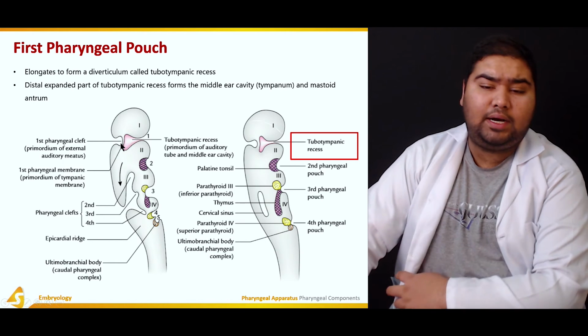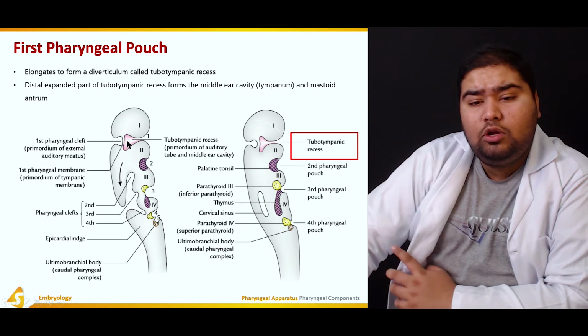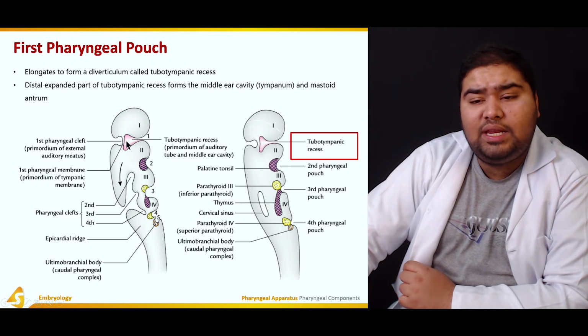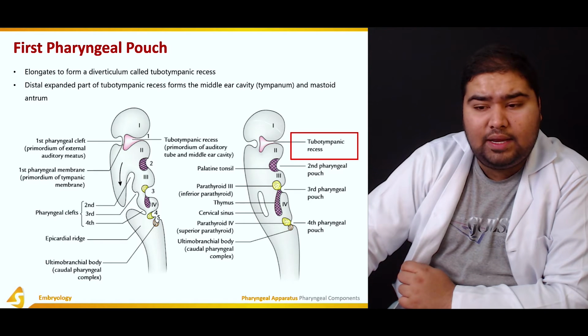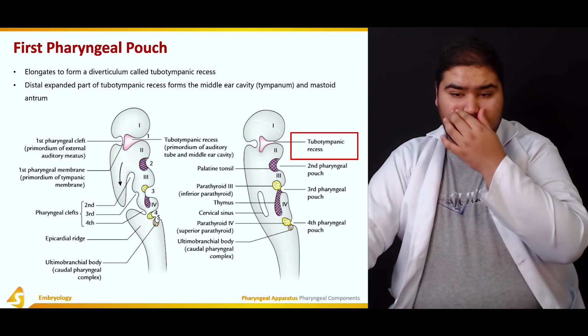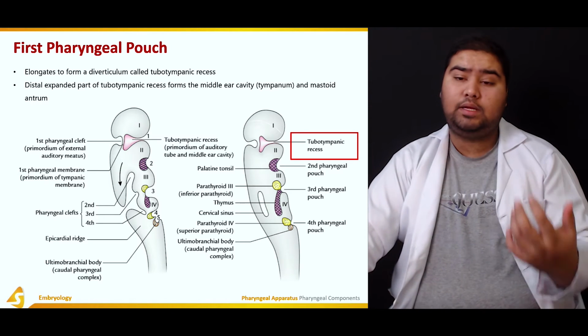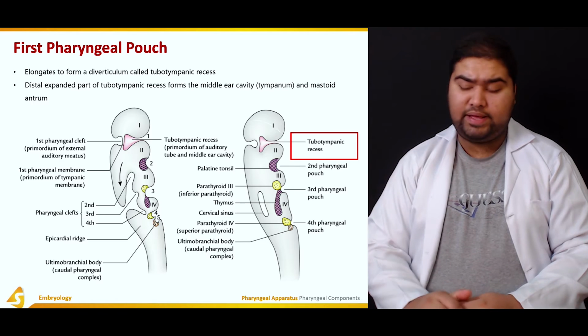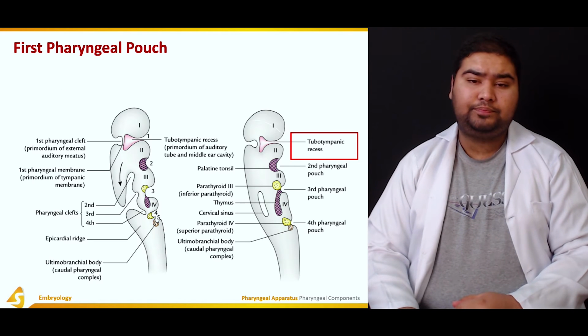Now this is the distal part of the tubotympanic recess. It forms the middle ear cavity, the tympanum, and the mastoid antrum. So two components are formed from it, the middle ear cavity, which is known as the tympanum, and the mastoid antrum.